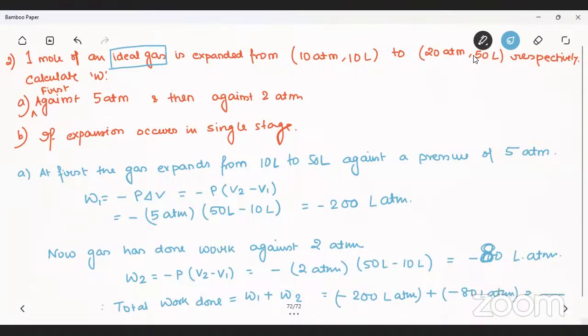Whatever you are getting, that is the answer. Is this part clear? Is the first part of the question clear to everyone? Yes, ma'am.